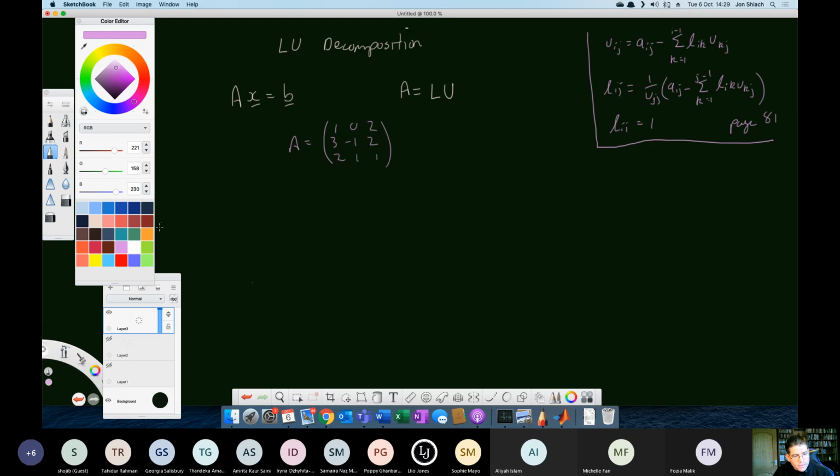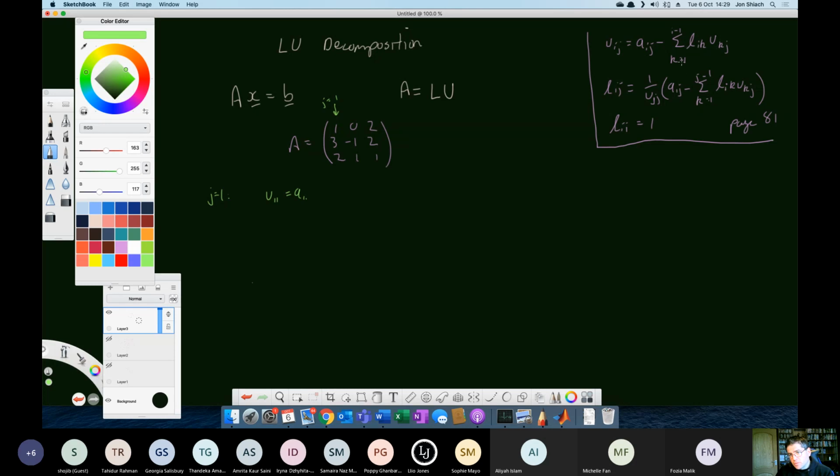Okay. So how we calculate our LU factorization for this is we go down the columns. So I'm going to start with column 1, so that's j equals 1, and I apply these. So U11 is equal to A11 minus this summation.